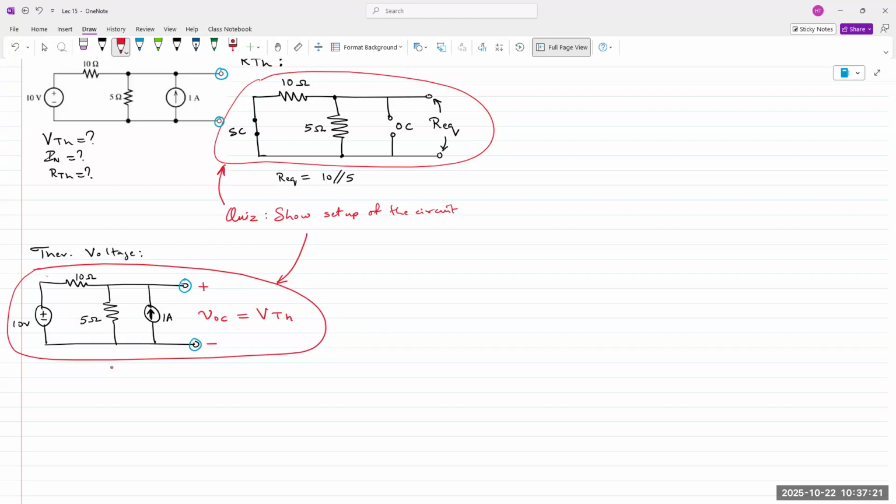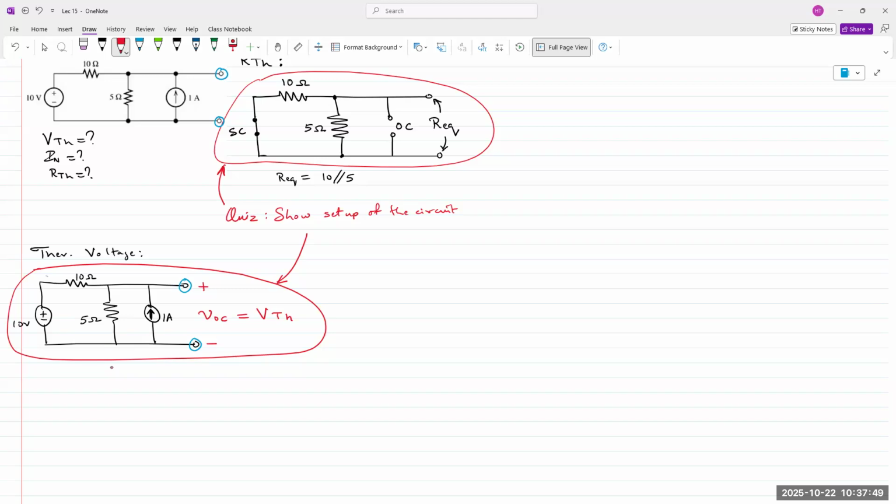For Thevenin voltage, there's nothing else to do except you take the original circuit as it is, assign a polarity for VOC. It does not matter what polarity you assign. Just follow logic. 10 volts has a positive at the top, and so logic dictates, or laws of physics dictate, current is flowing in the upwards direction, goes towards the right, and then makes its way down in the circuit.